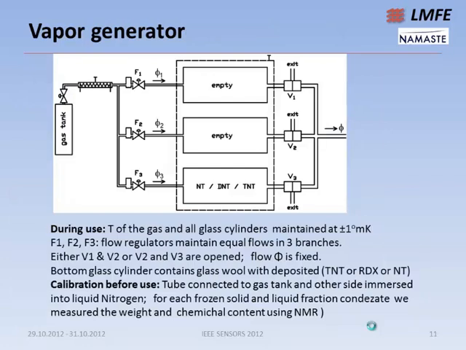So this is a vapor generator. This is a very important part because we have to measure quantitatively and qualitatively what our sensitivities are. So we provided a gas tank with valves which control the flow, and we have glass cylinders which have a constant temperature maintained at 1 millikelvin.